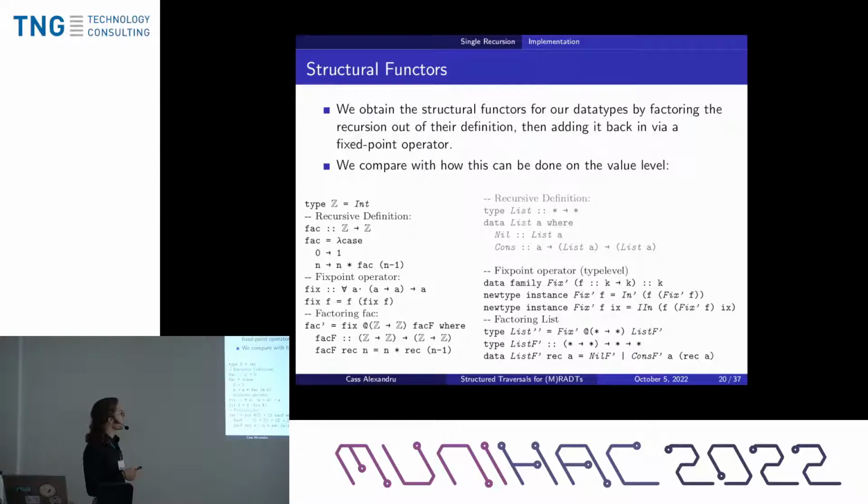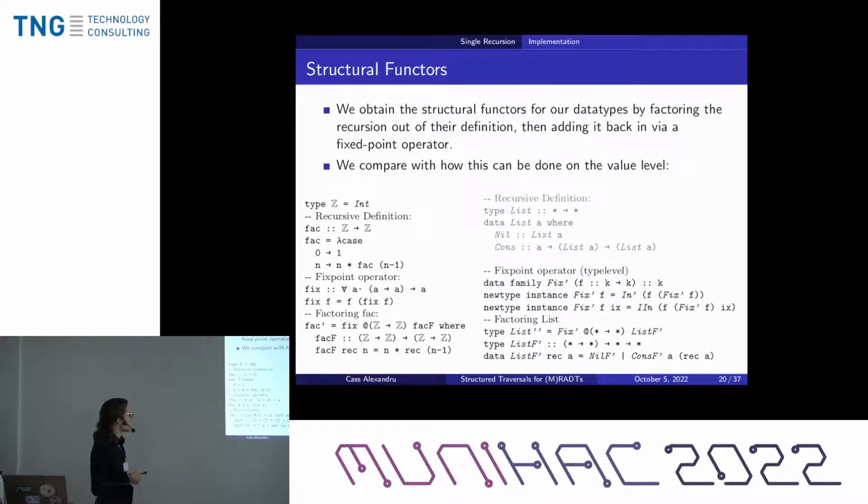Let's say we have the factorial function, which calls itself in the non-base case. We can then introduce a fixed point operator, which has the type (A to A) to A. And basically this will give something to itself as an argument.